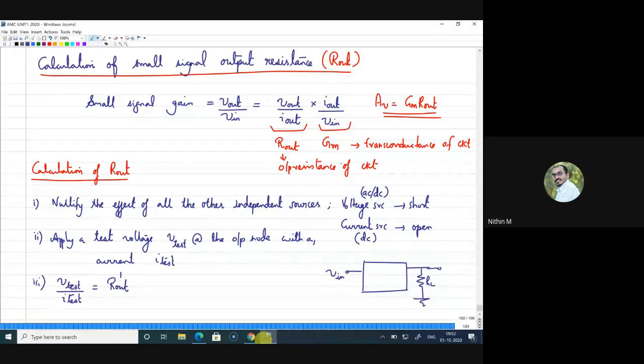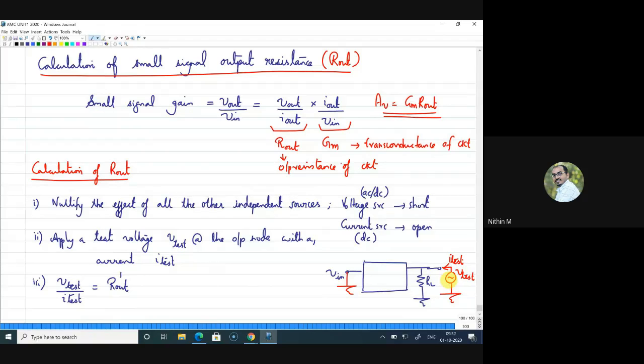Now, based on the steps I have just told, the first thing is we have to nullify the effect of all the independent sources. So if you are seeing the independent source V in, we have to nullify this. That means I have to make this short. Second, you have to apply a test voltage. So I have to apply a test voltage here. I'll mark it as V test, and this is the current I test. And then whatever measurement I am getting, I have to mark it as R out.